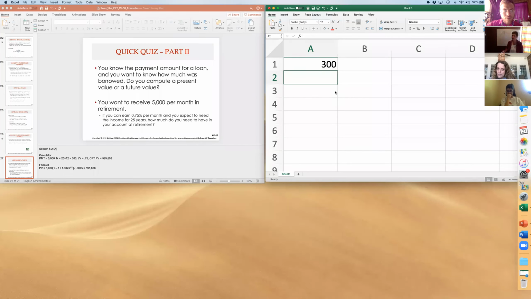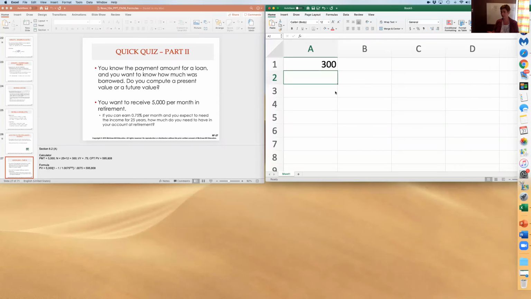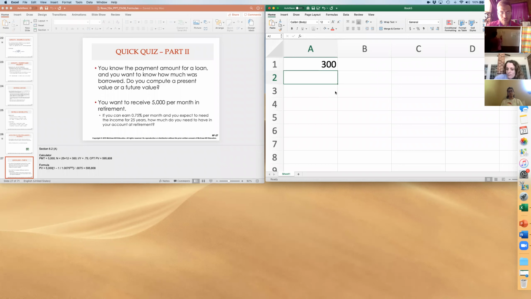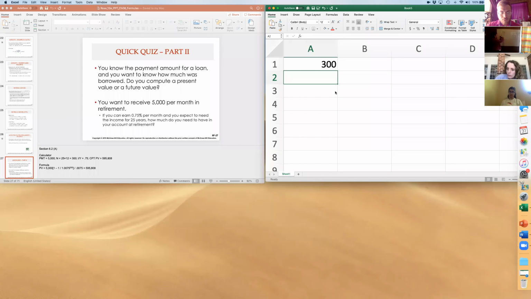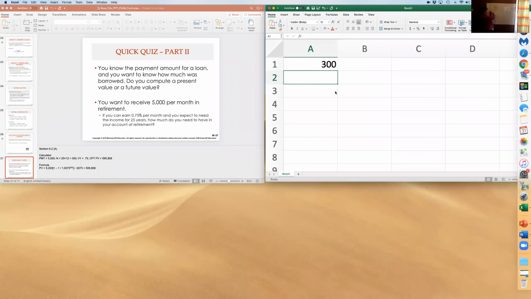If I were to do this the really long way, I want to work the math out for you just to see how useful Excel, because you'd never really want to do it this way. But they want to know how much will you need to save today or at retirement. So at retirement starts at time period 0. And when you retire, then looking down the timeline, you want $5,000 payments coming to you for 300 months, right?